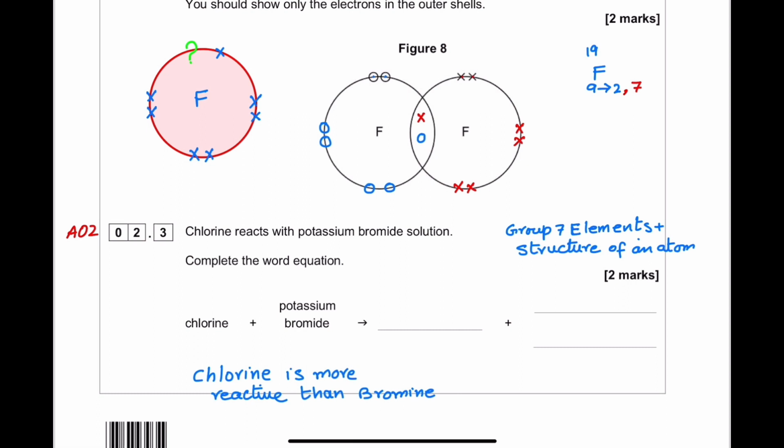So we have here bromine, and we have the chemical compound here, which is potassium chloride.